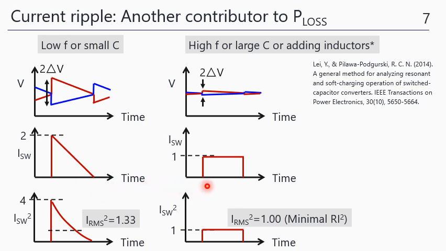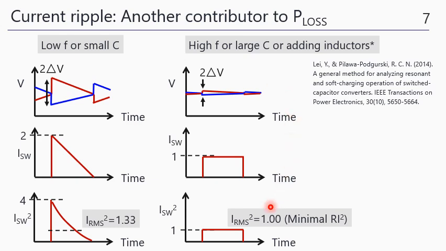So compared to the extreme case where the switching current is constant, the RMS current is 33% higher than the minimal case.